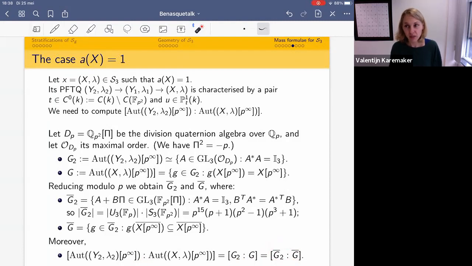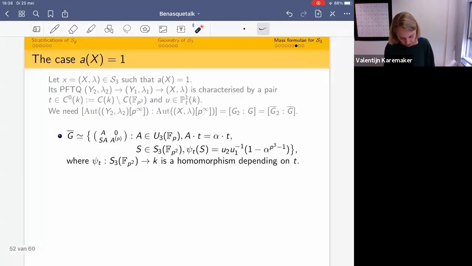So to really work out what this is, we need to know more about G bar, because here I've only said the elements that send the reduction to itself, but what do they look like? And so that's what we did next.